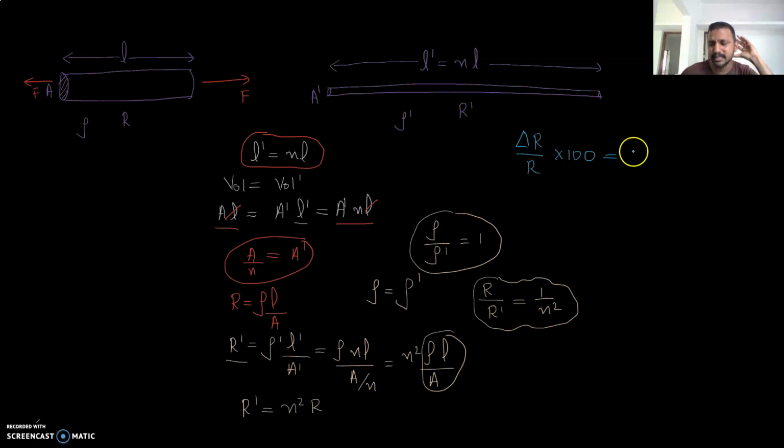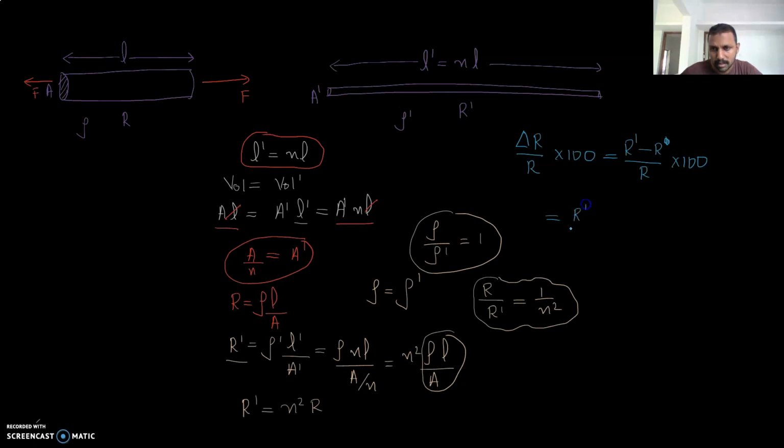This is the percentage of increase in resistance. Therefore, delta R is change in resistance. That means it is final resistance minus initial resistance, divided by R, into 100. This is actually R dash minus R divided by R into 100. Then we could write it like this also.